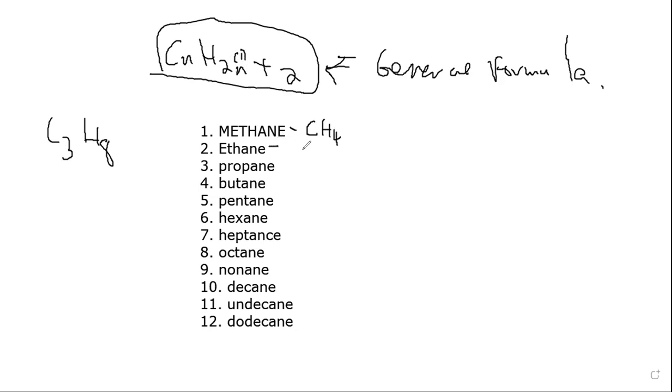Ethane, eth is 2, so C2. 2 times 2 is 4, plus 2 is 6, H6. Propane, C3, put a 3 there. 3 times 2 is 6, plus 2 is 8, H8.